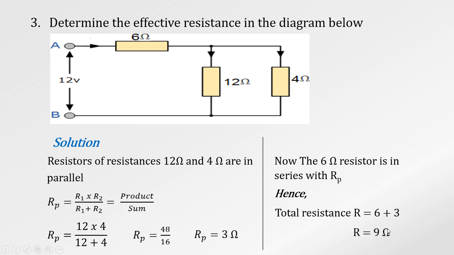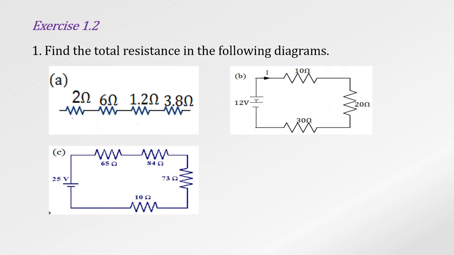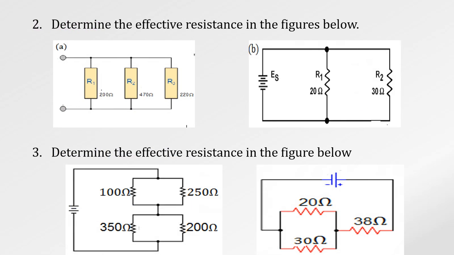Hope you've understood that. So for that, you can exercise yourself, try to do these numbers. This number 1, find the total resistance, see whether the connection is series or parallel. When you work out number 1, you also work out number 2 and 3.